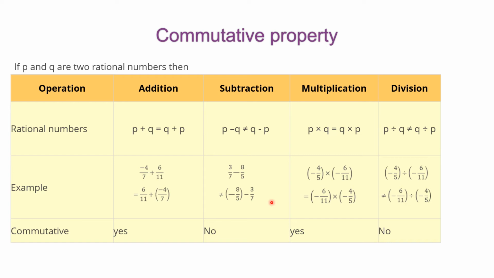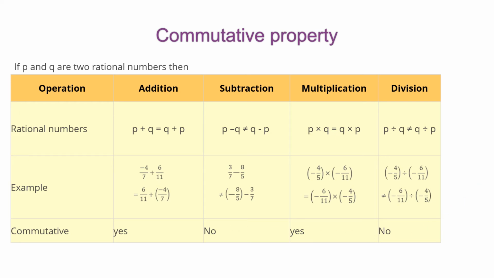So no. Then for multiplication, yes, we get the same result. But for division, no, interchanging the rational numbers and dividing is not possible. So the commutative property for rational numbers is only for addition and multiplication, not for subtraction and division.